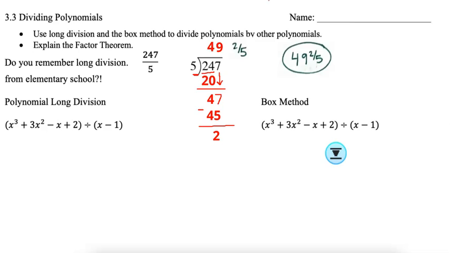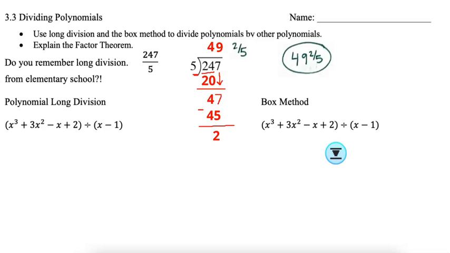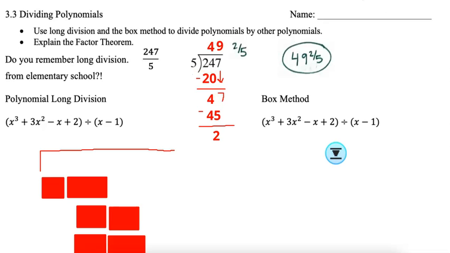So, not going to lie, this is one of the most difficult lessons of Algebra 2. I'm going to teach you long division, and then I'm going to teach you a shortcut, which I prefer, the box method. So, let's talk about long division with polynomials.